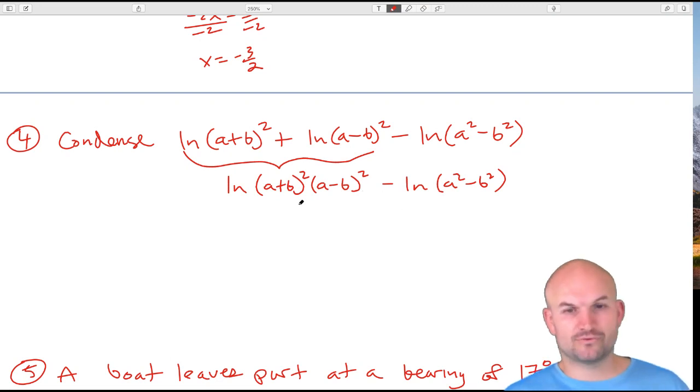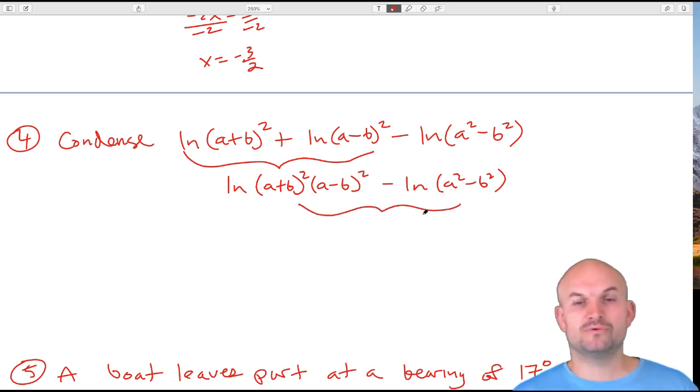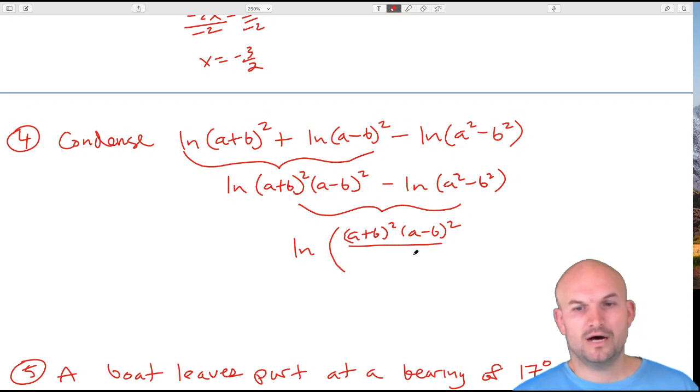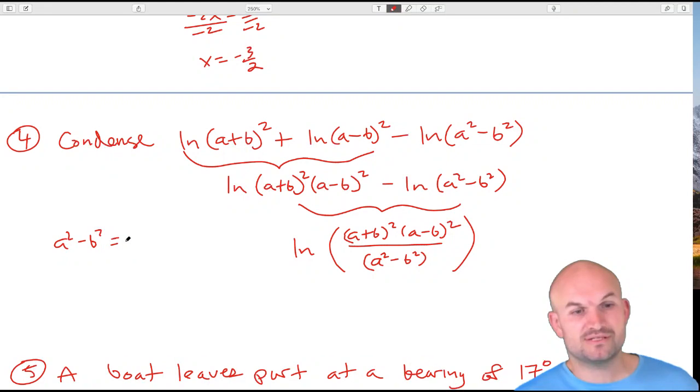Now, using the rules of logarithms, if I'm subtracting these, I can rewrite that as a division. So that's going to be ln of (a plus b) squared times (a minus b) squared, all over a squared minus b squared. Just remember a squared minus b squared is the difference of two squares, so that can be written as a minus b times a plus b.